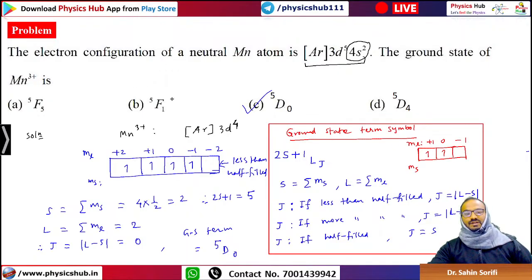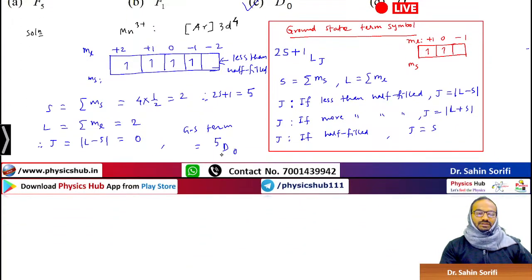Now the same thing you can do using Hund's rule. We have this d4.